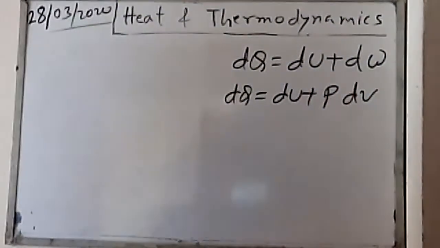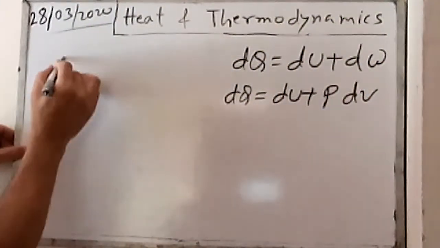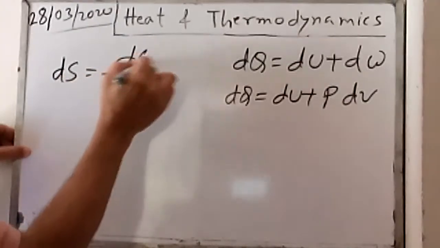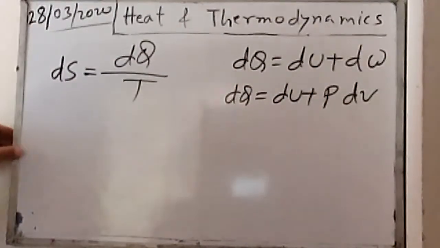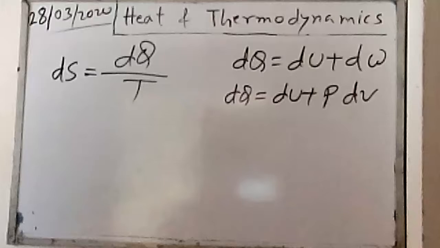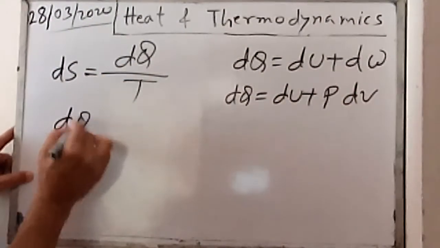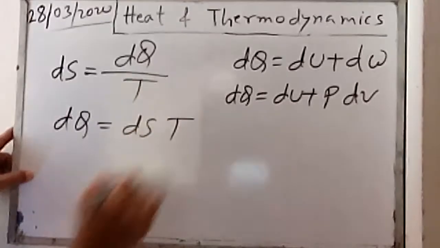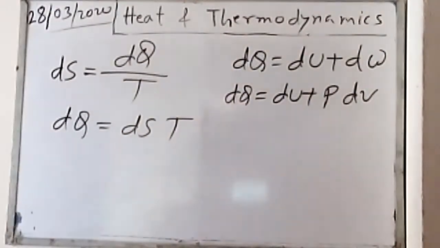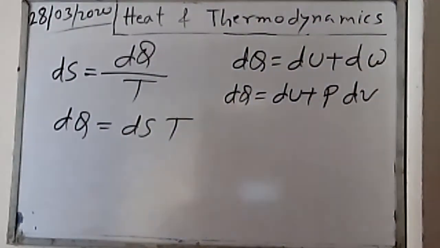And the change in entropy, we know ds equals dq by T. So dq equals T ds.